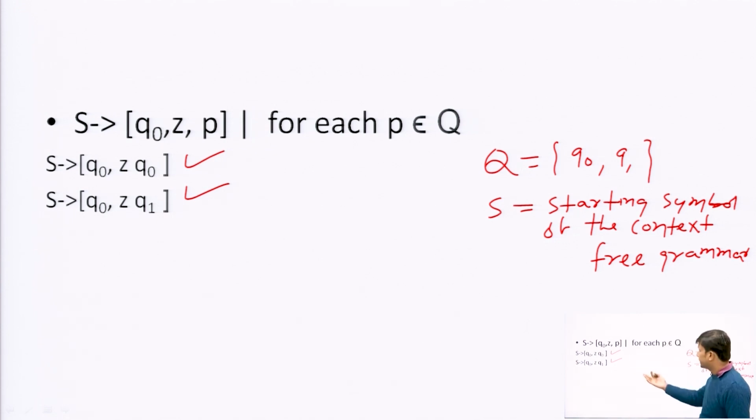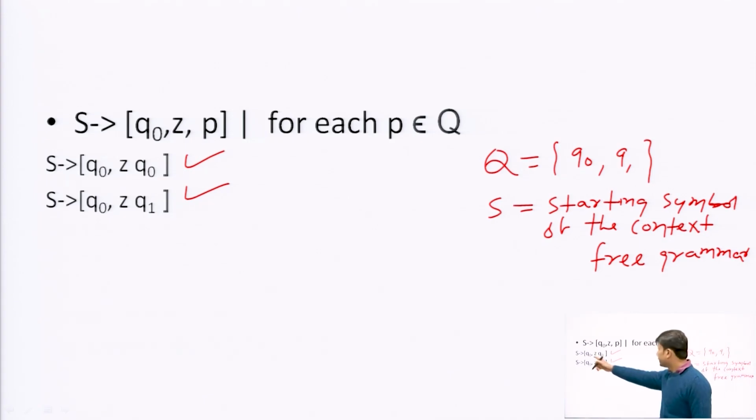If any number of states is there, say Q has q0, q1, q2, then S derives [q0 Z q0], [q0 Z q1], and [q0 Z q2]. Whatever we have written within the square brackets, these are single variables.